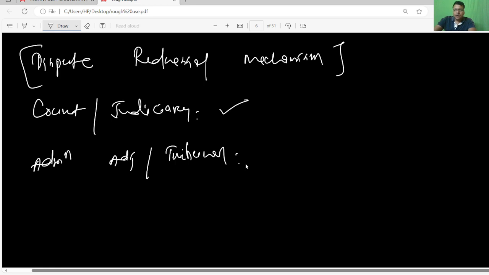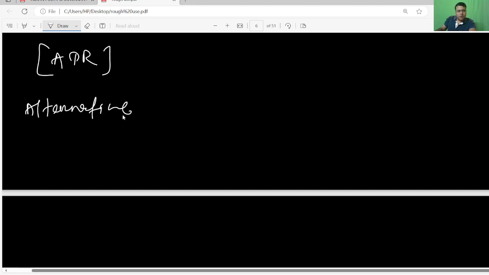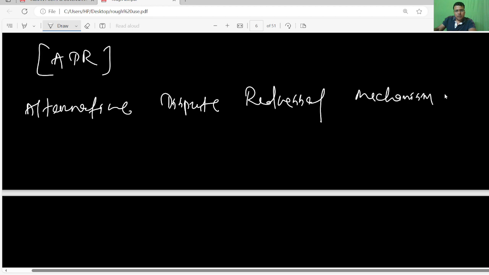After this, we will discuss the concept of ADR. What is this? This is alternative dispute redressal mechanism. ADR, alternative dispute redressal mechanism.